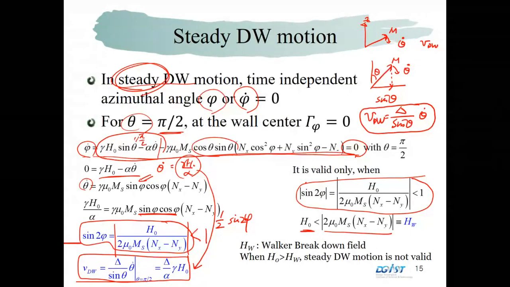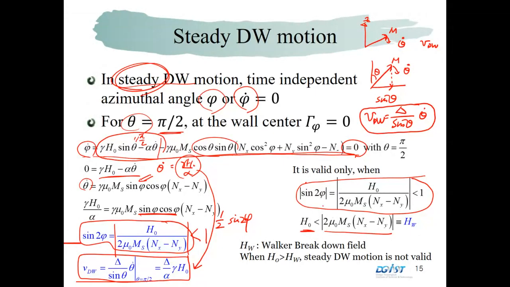But if H0 is larger than this one, there's no phi that satisfies this condition. So this field is called HW, or the Walker breakdown field. This steady motion is valid only when H is smaller than HW.